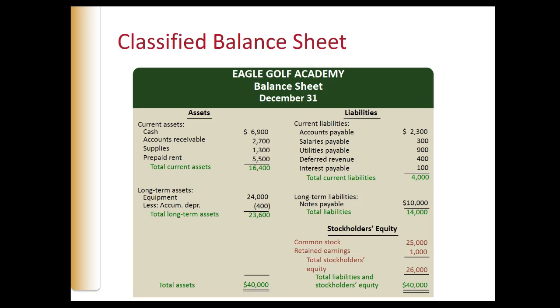Assets are separated into two major categories: current assets that provide a benefit within the next year, and long-term assets that provide a benefit for more than one year. Liabilities are also divided into two major categories. Current liabilities are those that are due within the next year, and long-term liabilities are those that are due in more than a year.